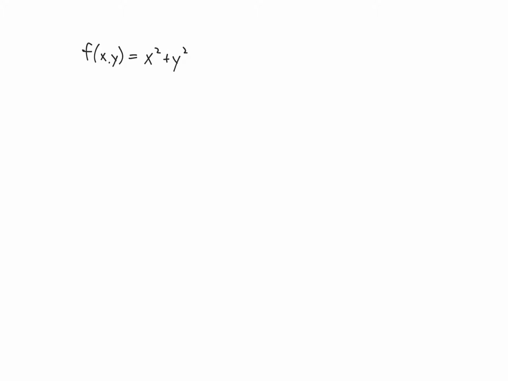So let me just say these 2 definitions, and then we'll go through how you would actually figure out what they look like. First of all, we know that the contour plot or level sets of the function is where the function is equal to various constants.